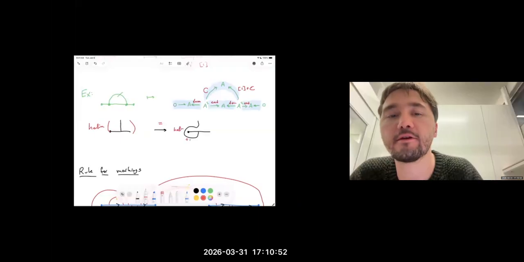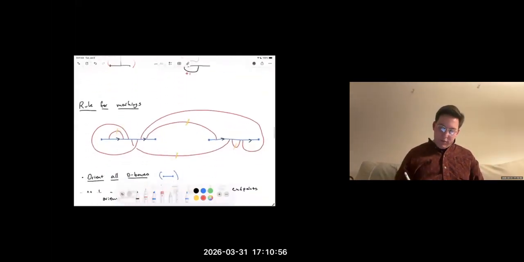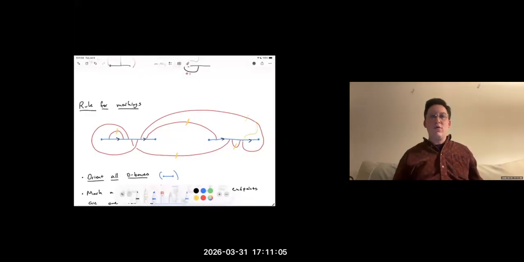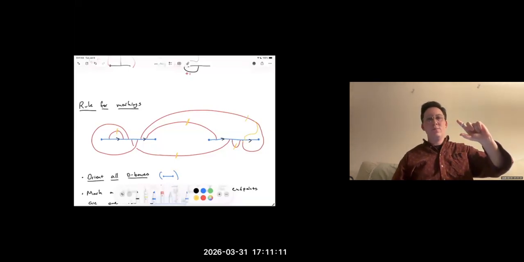I need these markings so that if I were to slide this guy, instead of being on the bottom, so that it would be on the top, then it would have to get a slash in order for this correspondence to work. So it was necessary because this isotopy exactly flips the grading. Yeah, now this makes sense.